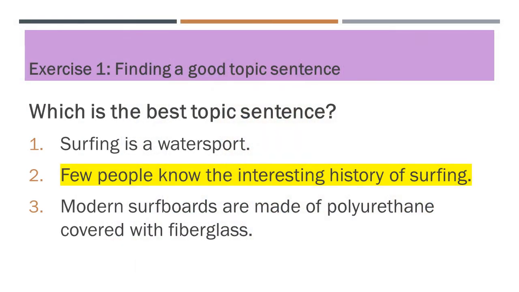You're finished. You just can't support that. Number 3, modern surfboards are made of polyurethane covered with fiberglass. And this is just a fact. It's very similar to number 1. Much too narrow. It's not going to be a good topic sentence. You can't write a lot more about this.